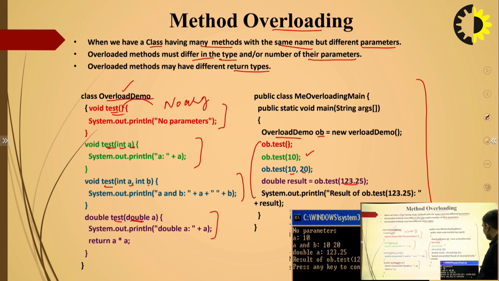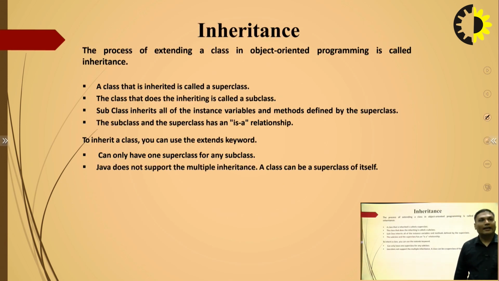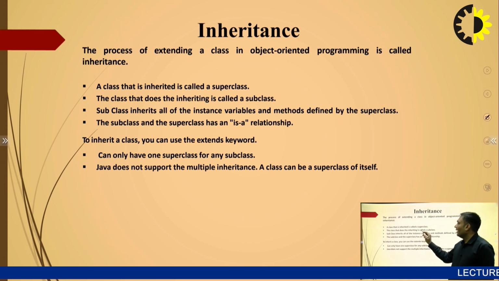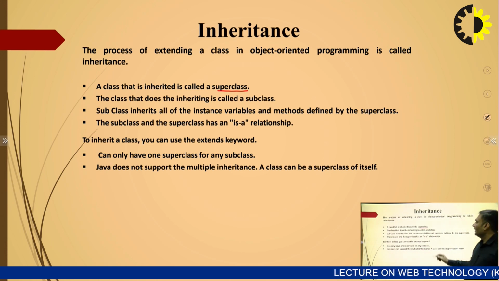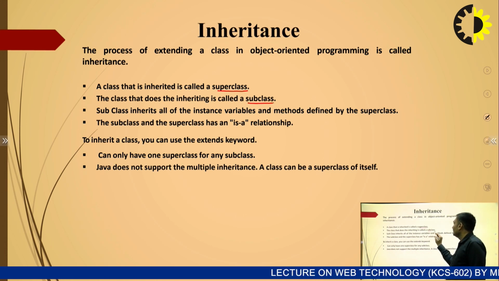And this is the output of this program. Now the next concept is inheritance. The process of extending a class in object-oriented programming is called inheritance. A class that is inherited is called a superclass, and the class that inherits is called a subclass.